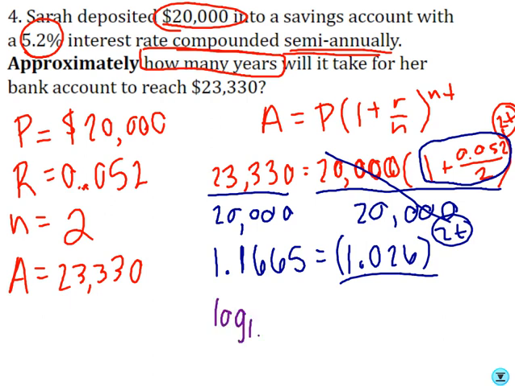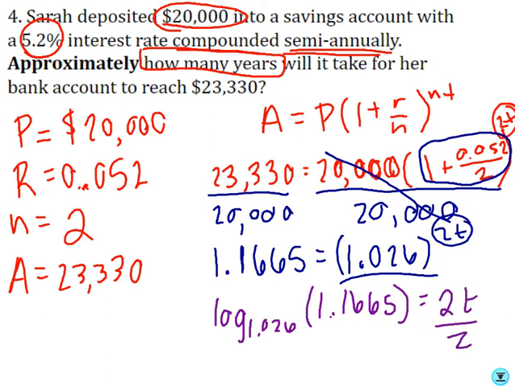Log base 1.026 of 1.1665 is equal to 2t. Divide both sides by 2.